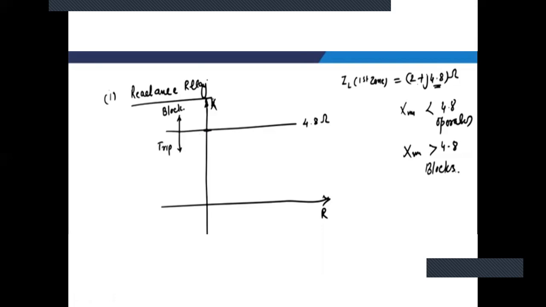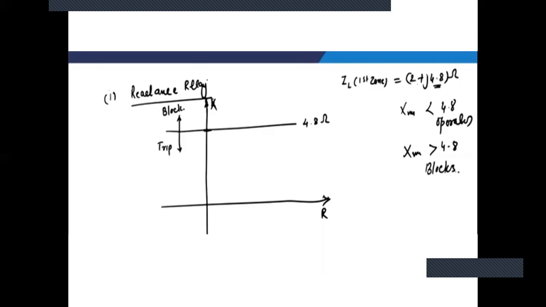So if the measured reactance Xm is less than 4.8 ohm, the relay will operate, meaning in this region. And if the measured reactance is greater than 4.8, then the relay will definitely be in the block region. We have already discussed these two regions in the actual class.